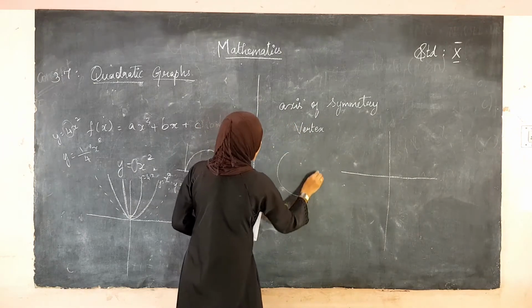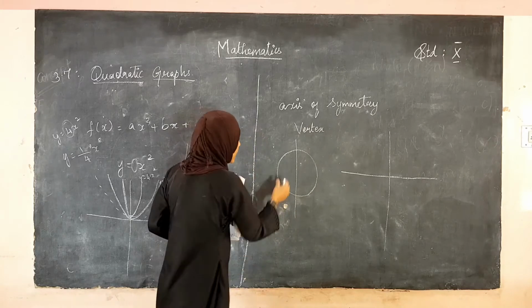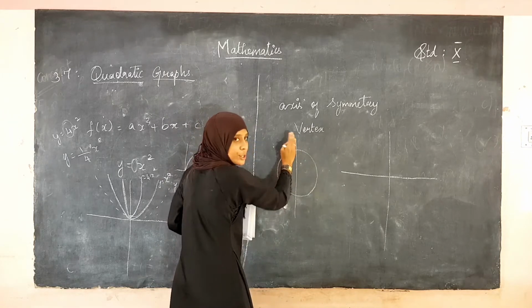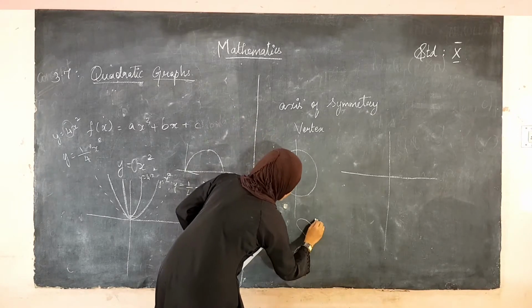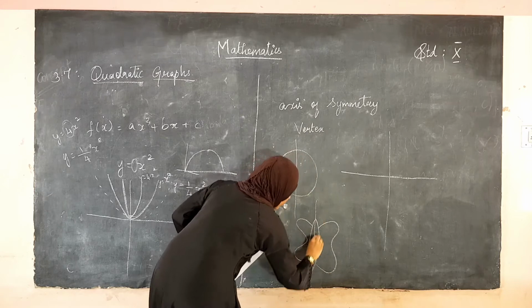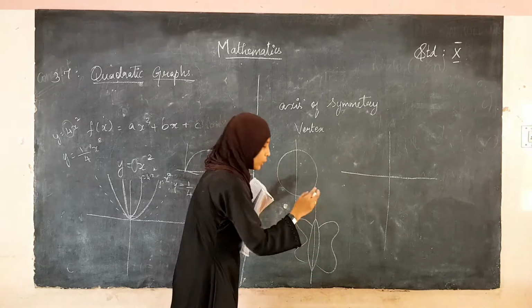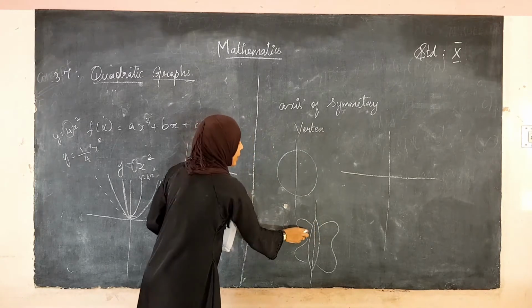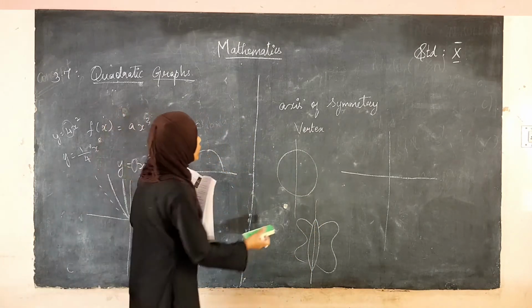If this is a circle, a line which cuts the whole image into two equal parts. If this is a butterfly, a line which cuts the given image into two parts that are equal, then we can say that is the axis of symmetry.